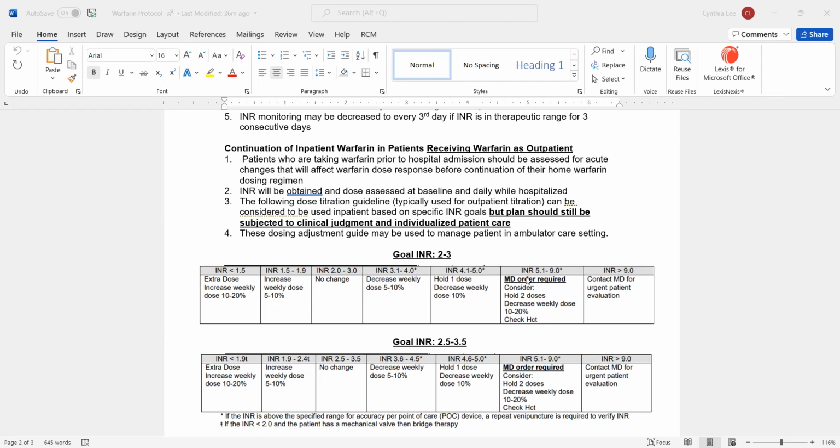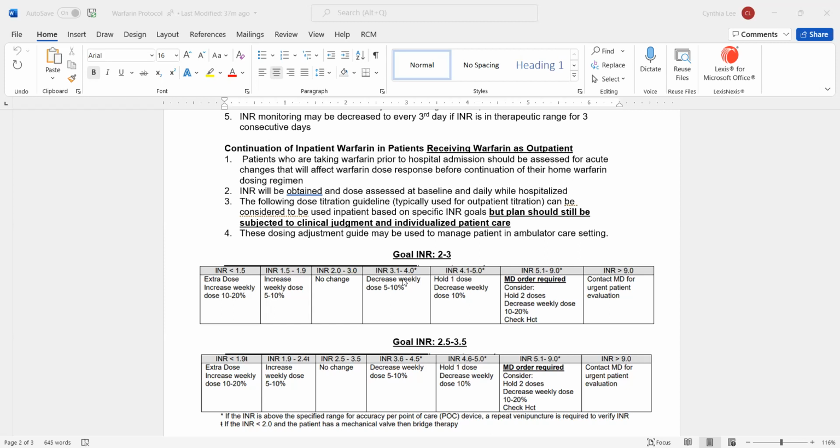And if they're really, really high, above 5, usually you might hold the dose for certain days. And keep in mind, the dose adjustment is a weekly dose, not a daily dose adjustment. Because, like I mentioned earlier, warfarin doesn't work on the dose that you take today; the effect in your body might not be seen until 3, 5, or even a week later.